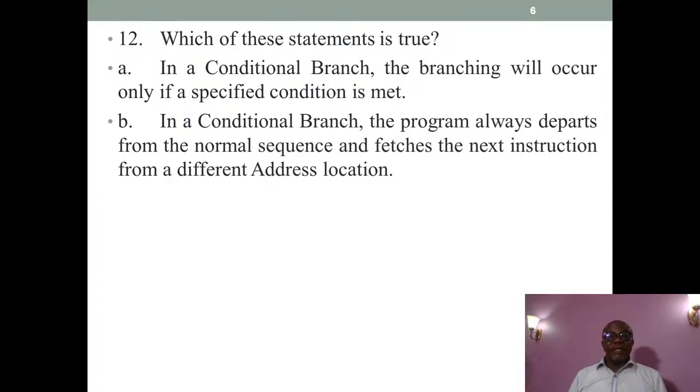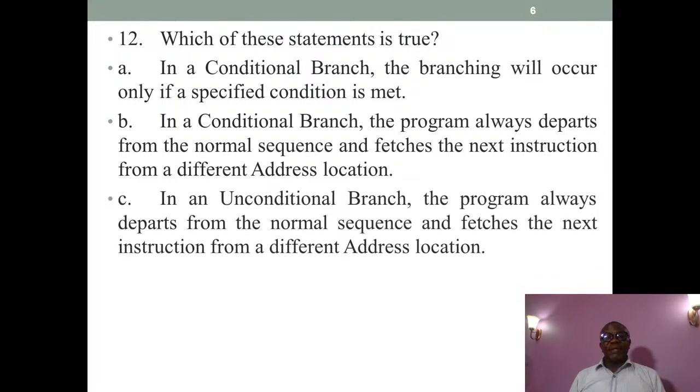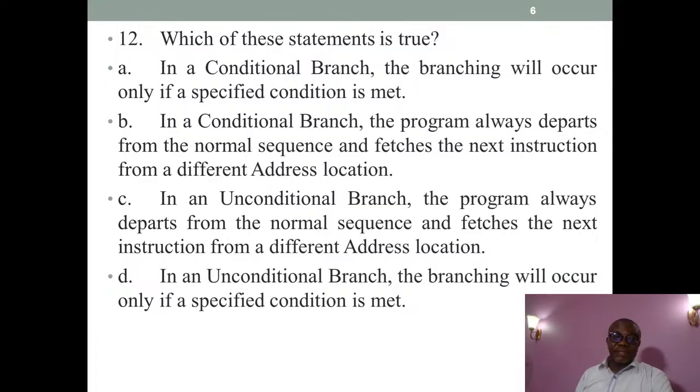B, in a conditional branch, the program always departs from the normal sequence and fetches the next instruction from a different address location. C, in an unconditional branch, the program always departs from the normal sequence and fetches the next instruction from a different address location. And D, in an unconditional branch, the branching will occur only if a specified condition is met.